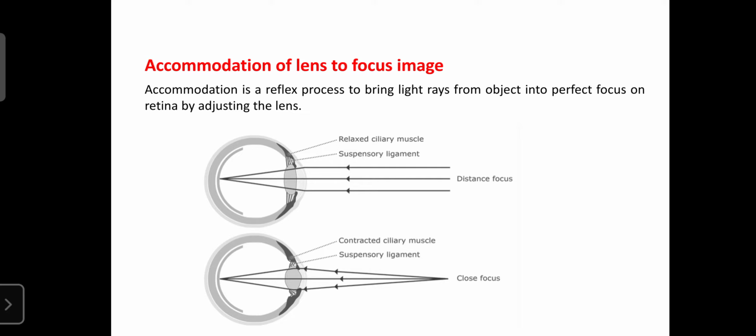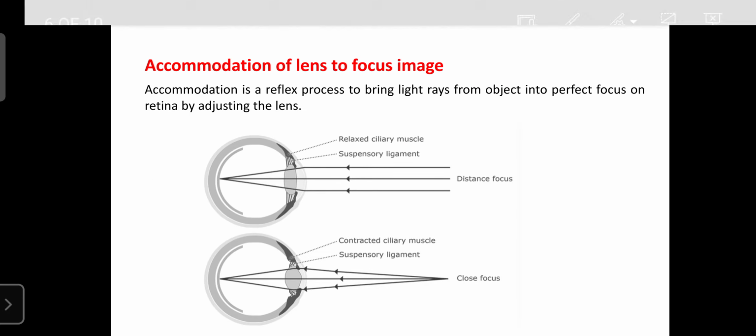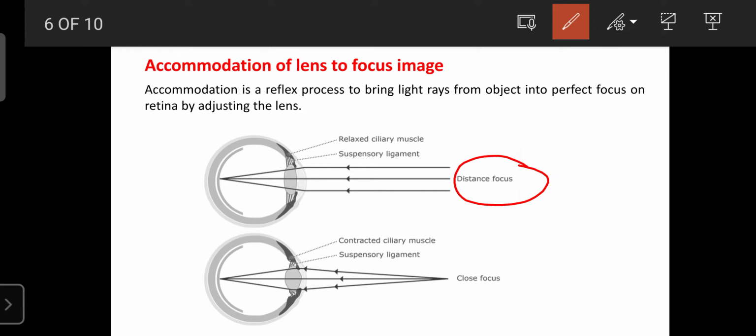So for example, in the case of distance focus, it is regulated by the sympathetic nervous system. When you are seeing far vision or distance vision, at that time the sympathetic nervous system relaxes the ciliary muscles.